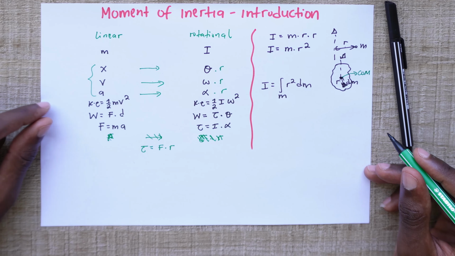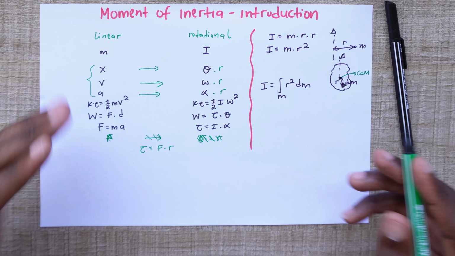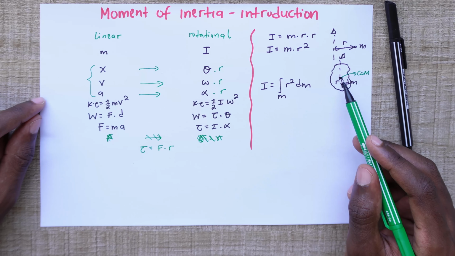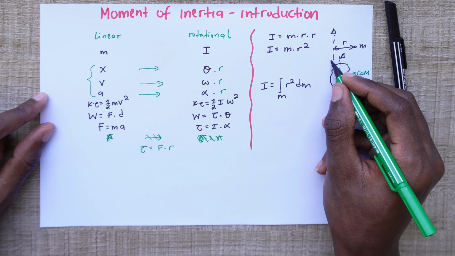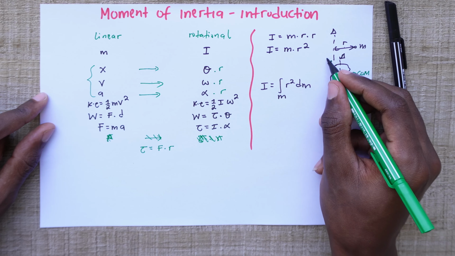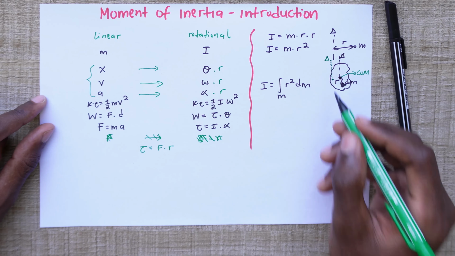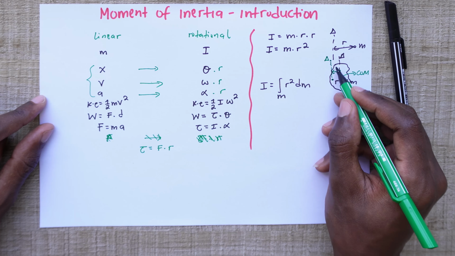But then you can imagine that when an object rotates, it doesn't always rotate about its center of mass. It can rotate perhaps on another axis that is distant from the first, another parallel axis that is distant d from the first.